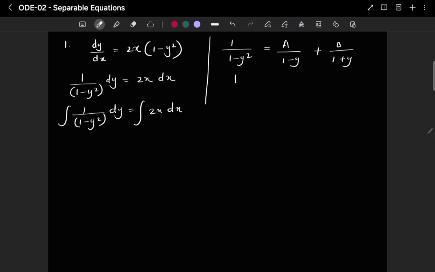By simplifying this further, we can find the values of the constants a and b. By comparing the coefficients, we get 1 equals a plus b and 0 equals a minus b.